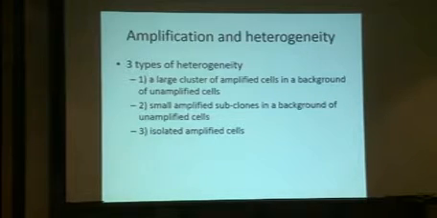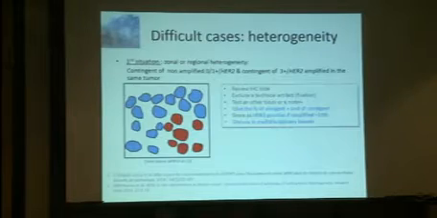So here we were in the first category where we had a cluster of amplified cells in a background of non-amplified cells, but in 2 plus cases. So it was clearly heterogeneous, but at the end the result was not a positive case, it was an equivocal, because the amplified area was less than 10%.